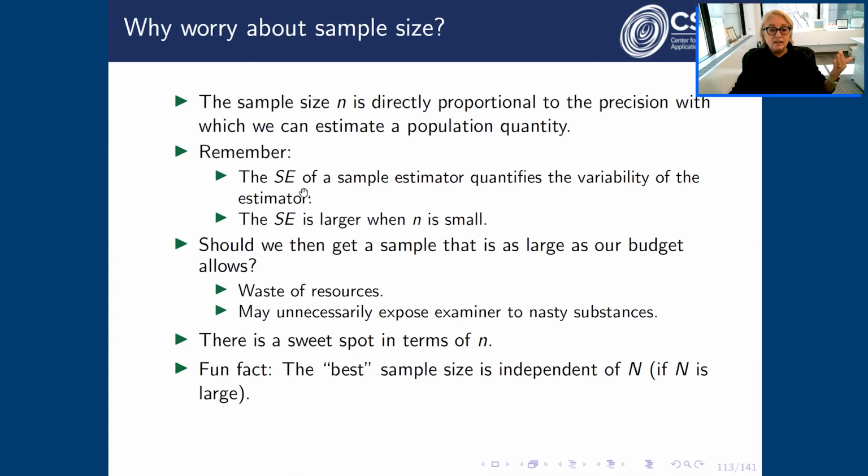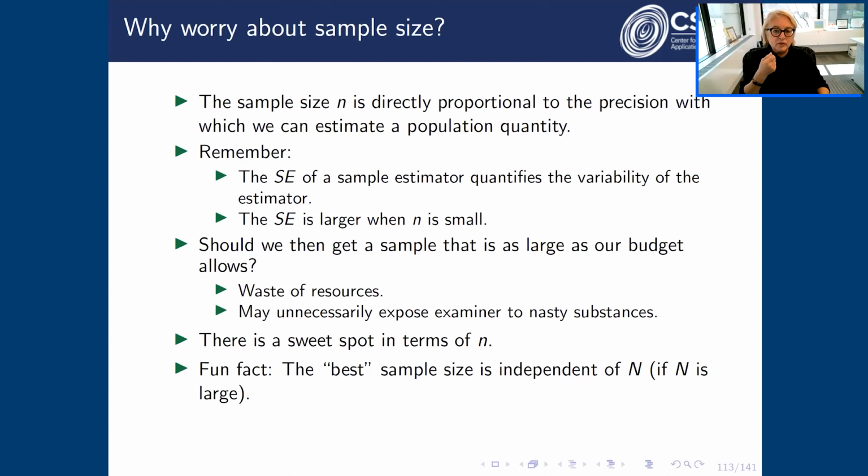We talked a lot about standard errors of estimators, because the standard error is what tells us how variable our sample estimator is going to be from sample to sample. We don't want high variability from sample to sample, because we want to be confident that the one sample we have drawn is going to result in an estimate of the population quantity that is close to the population quantity.